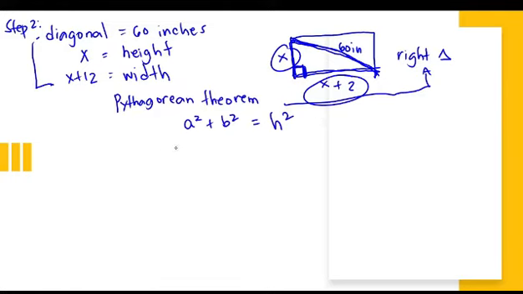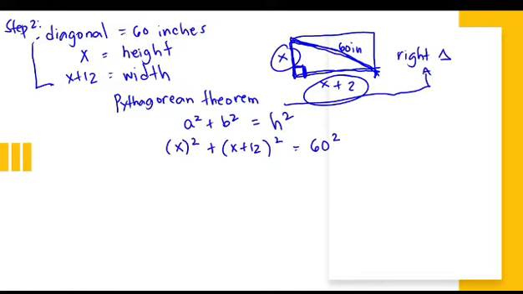So magiging x squared, that is for the height, plus yung width natin, the representation for the width, which is x plus 12, quantity squared, equal to the hypotenuse. We are talking about hypotenuse dito as a formula sa Pythagorean theorem, which is 60 squared. Okay?